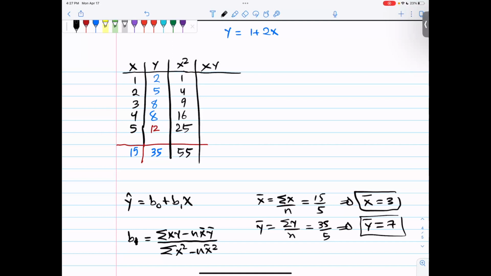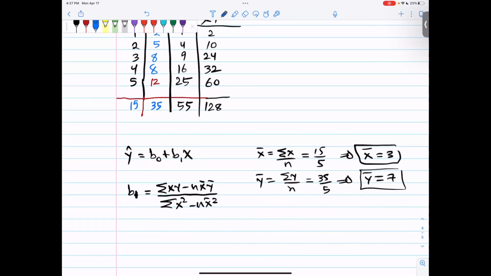And then xy equals 10, 24, 32, and then 60. So if we add those up, it equals 128, I think, if I'm not mistaken.